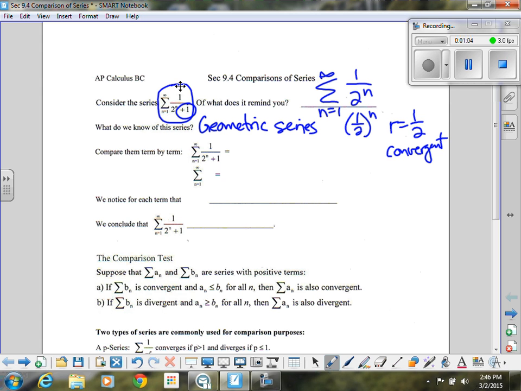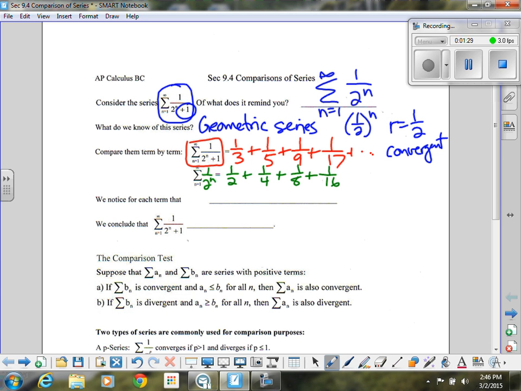So for the 1 over 2 to the n plus 1, I've got terms 1 over 3 plus 1 over 5 plus 1 over 9 plus 1 over 17, and so on. And then for the 1 over 2 to the n power, I've got 1/2 plus 1/4 plus 1/8 plus 1/16.